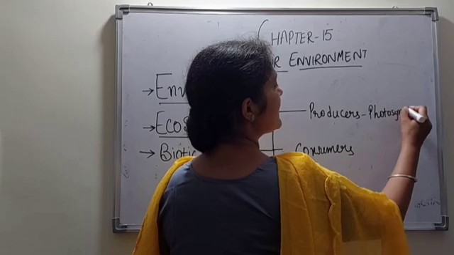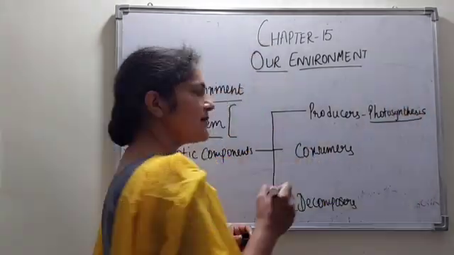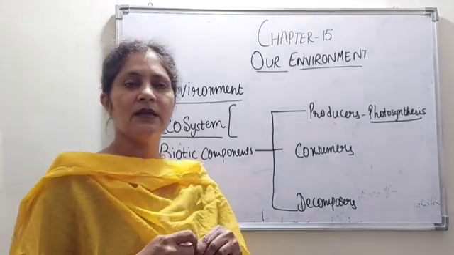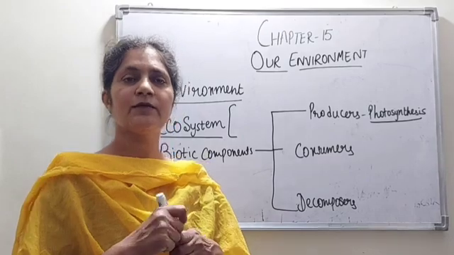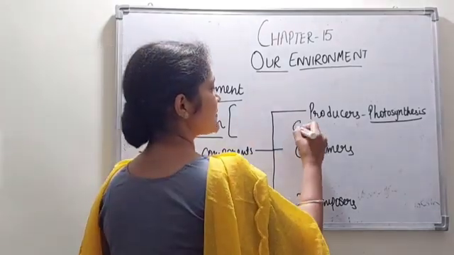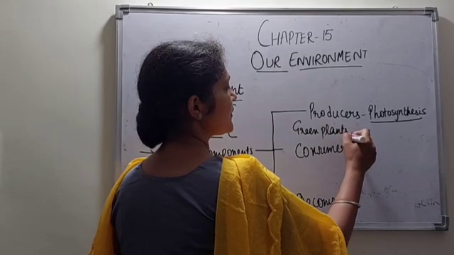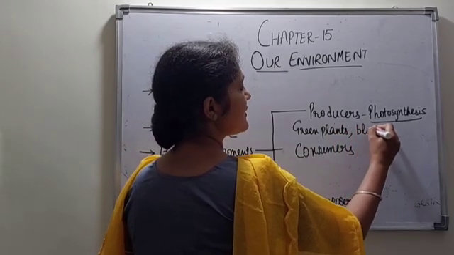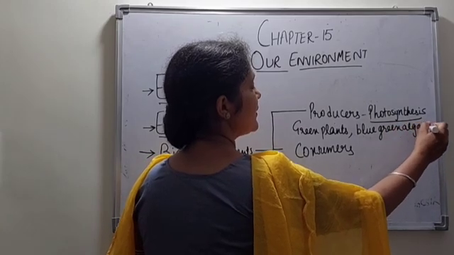This is done in the presence of sunlight, chlorophyll and water. The process is known as photosynthesis. So what are producers? Who are the ones to produce the food? Examples of producers are all the green plants, because they show the process of photosynthesis, and the second is blue-green algae. These are the producers.